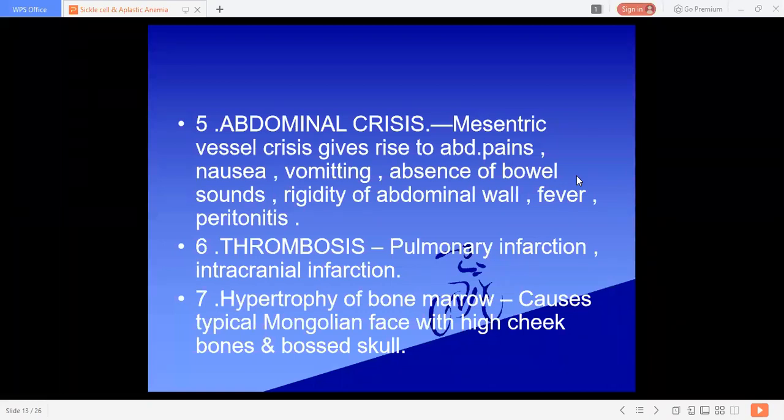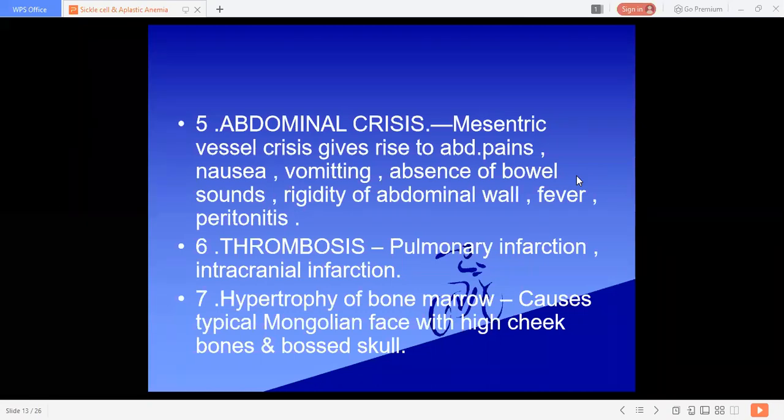The next symptom which is associated with sickle cell anemia is thrombosis. It is related with pulmonary infarction and intracranial infarction. This thrombosis will give rise to infarction of the pulmonary artery, and there is intracranial infarction. Okay, thrombosis.